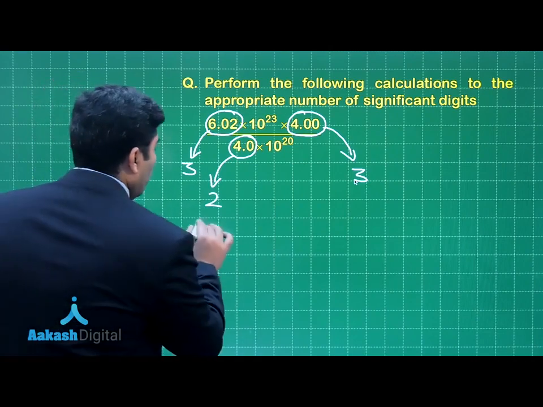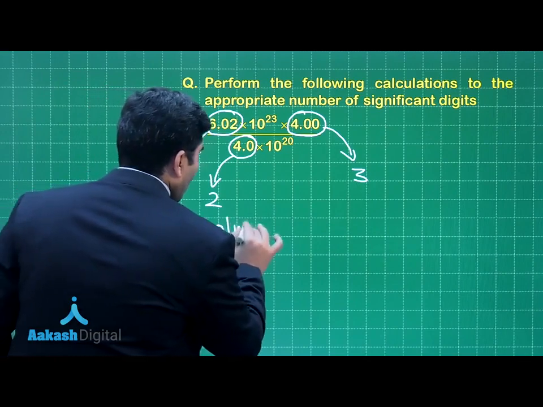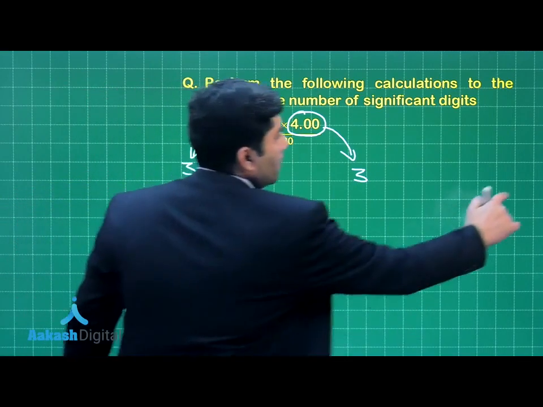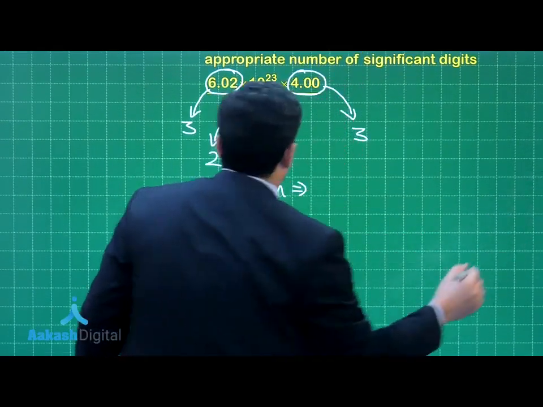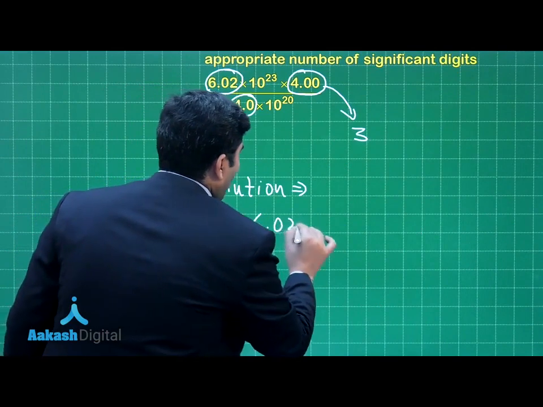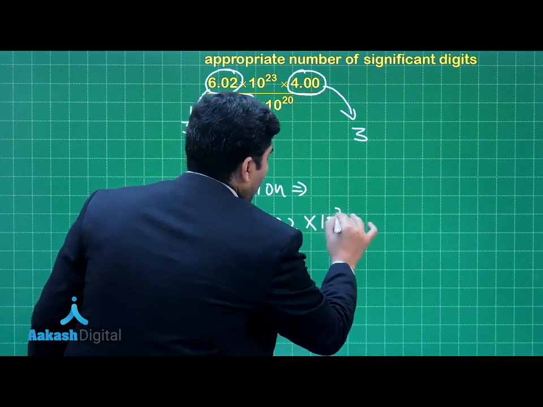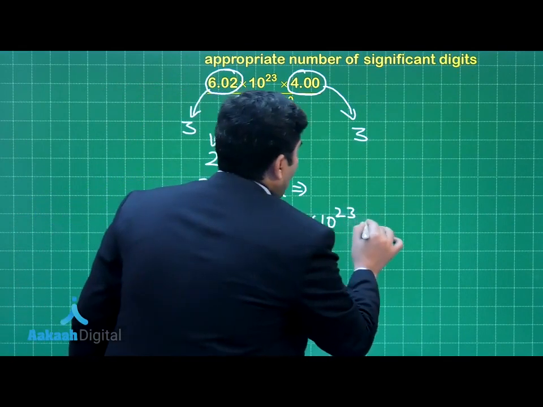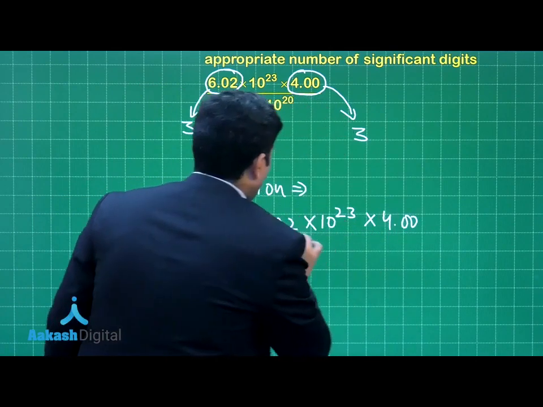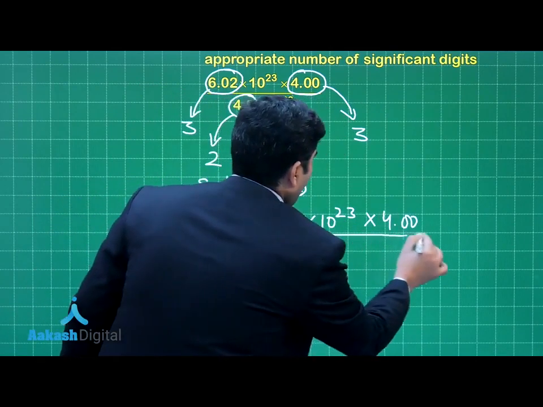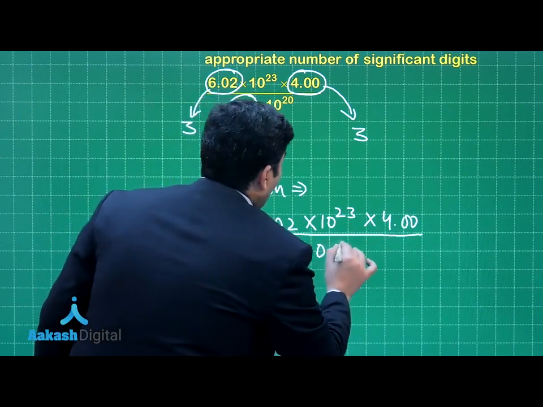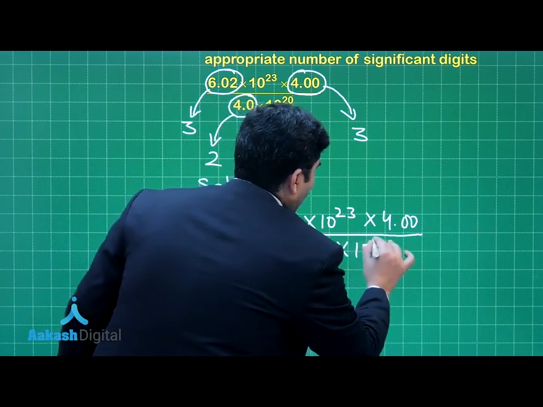So the solution will be 6.02 multiplied by 10 to the power 23, multiplied by 4.00, divided by 4.0 multiplied by 10 to the power 20.